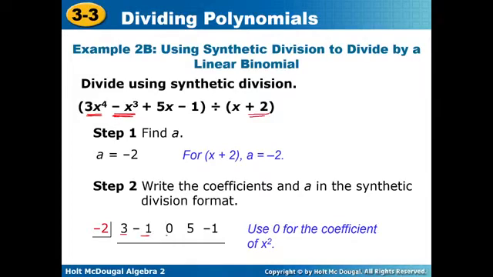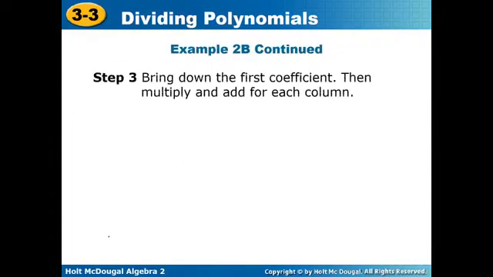After x squared, you have x, that is 5. And you have the constant term, negative 1. And you have here your value of a, which is negative 2. Let's proceed with our process.